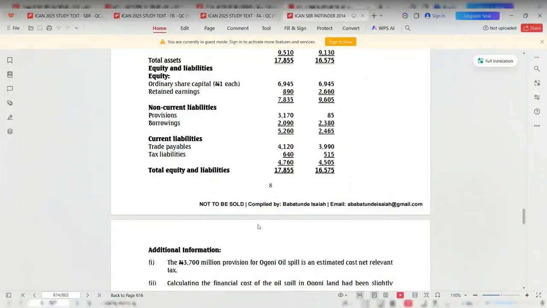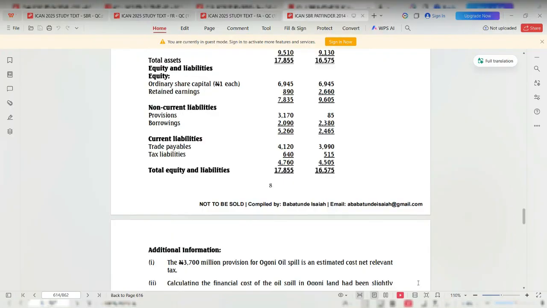Is it 53 or 33 point something? Maybe I've done rubbish. Check it again. Okay.